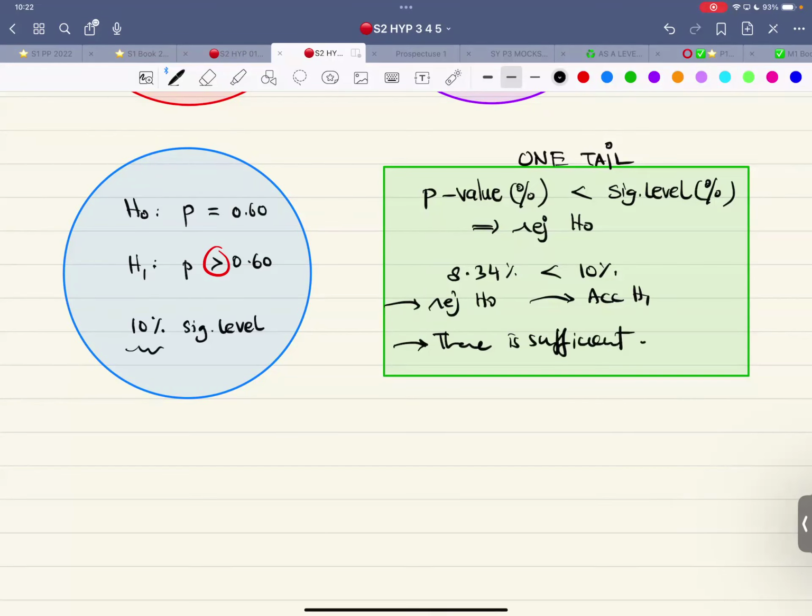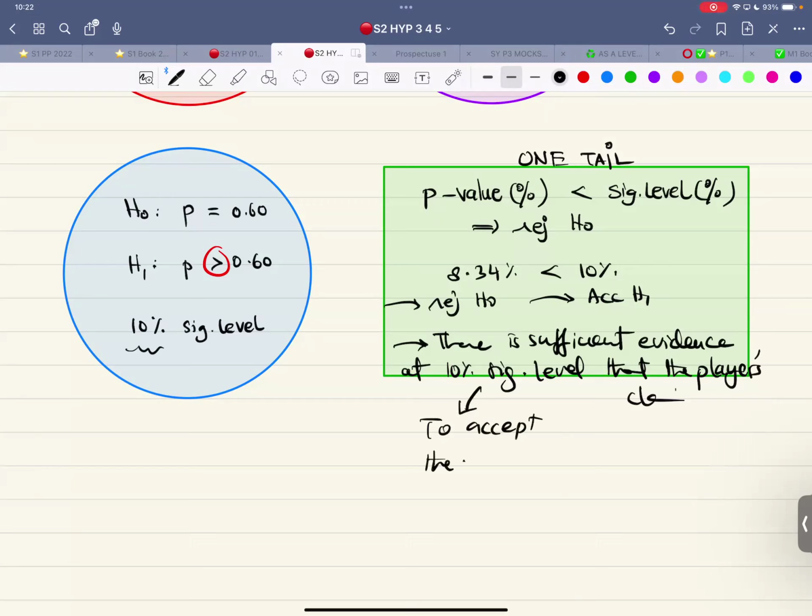There is sufficient evidence at 10% significance level that the player's claim is true. Or there is sufficient evidence at the 10% level to accept the player's claim, which is H1. So that is how you have to write it.